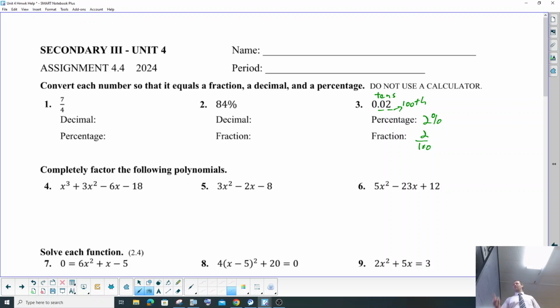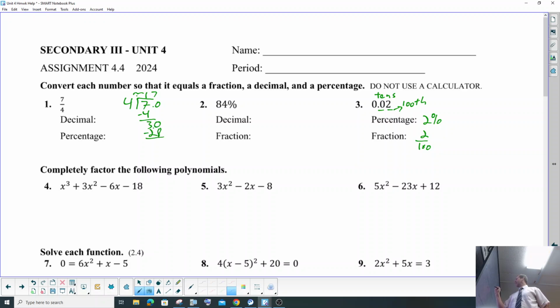So give this one a try. This one's a little bit trickier, 7 divided by 4. You remember we taught you to use long division. 4 goes into 7 once. 4 times 1 is 4. Minus, we get a 3. And then 4 doesn't go into 3, so we do a decimal and bring down. 4 goes into 37 times. 4 times 7 is 28.